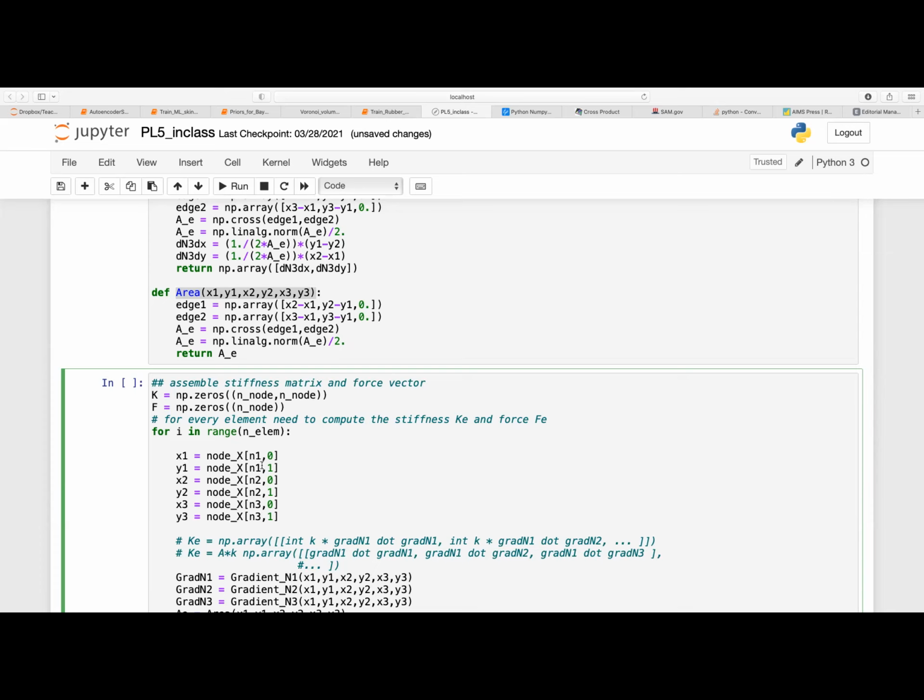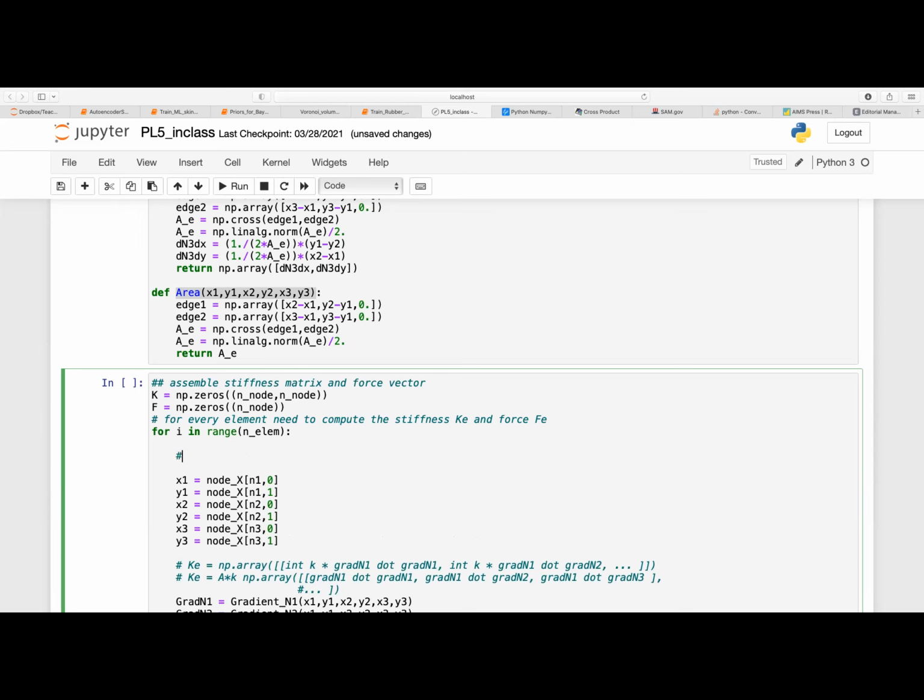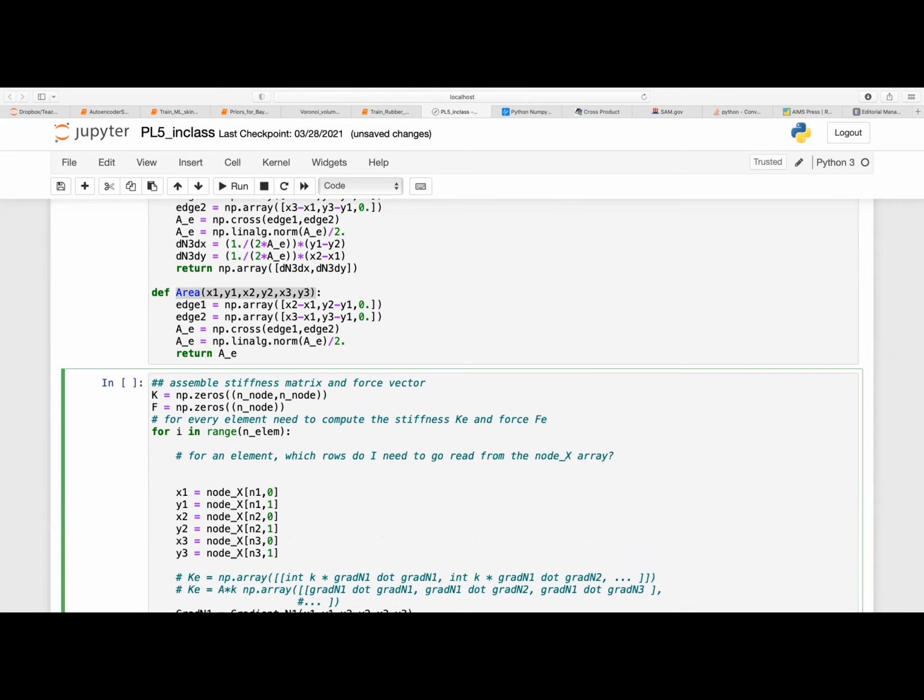Now, what rows of that node X array should I be accessing? That depends on the element. So for an element, which rows do I need to go read from the node X array? That is basically contained in the element array. So the first node of the element is, for that element, the 0 entry.